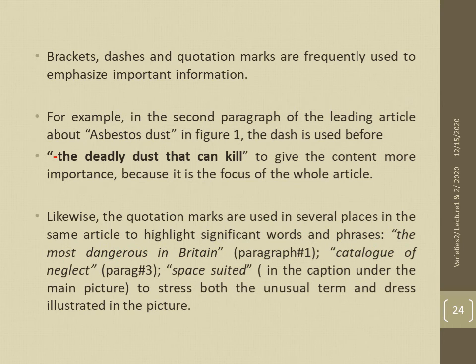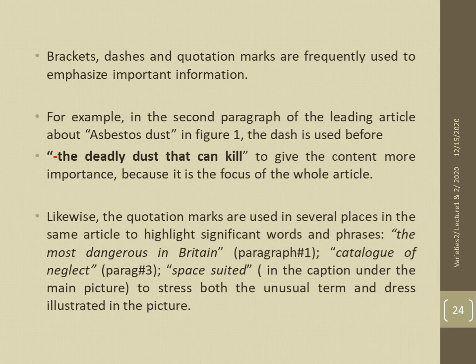As for brackets, dashes, and quotation marks, they are frequently used to emphasize important information. Whenever we have important information, we put it between brackets or dashes. For example, in the second paragraph of the leading article, asbestos dashed in figure 1, the dash is used before "the deadly dust can kill."